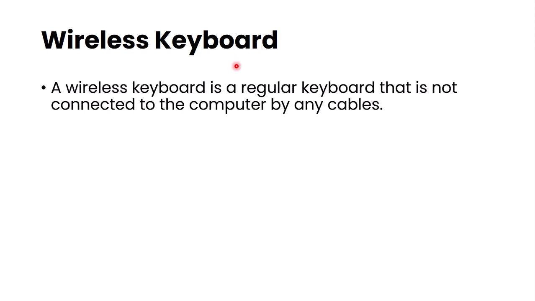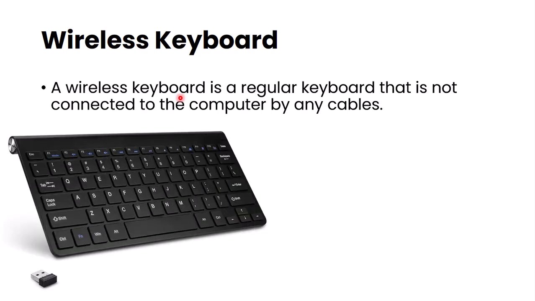Keyboard. So what is a keyboard? Let's look at the wireless keyboard. So we have a wired keyboard and the wireless keyboard. A keyboard that is not connected to the computer by any cable is known as a wireless keyboard.